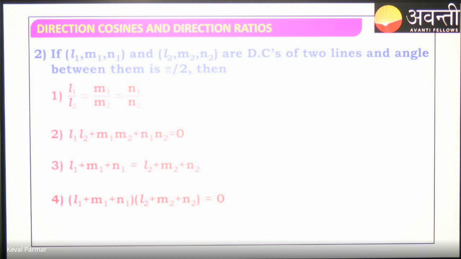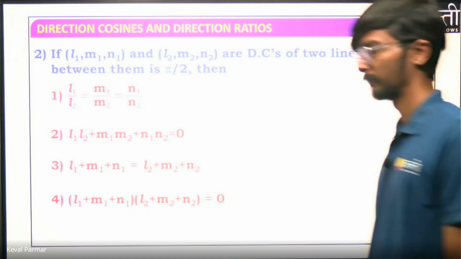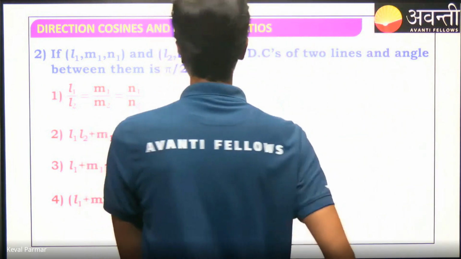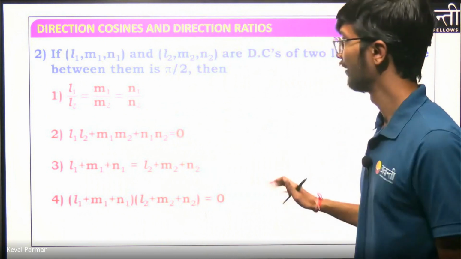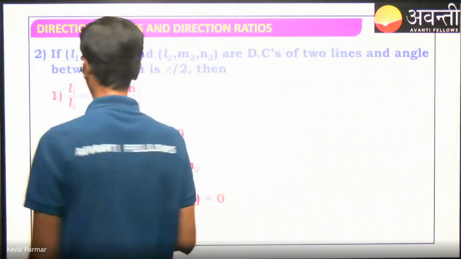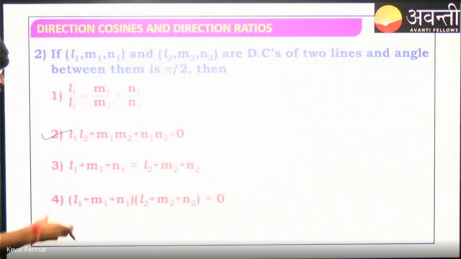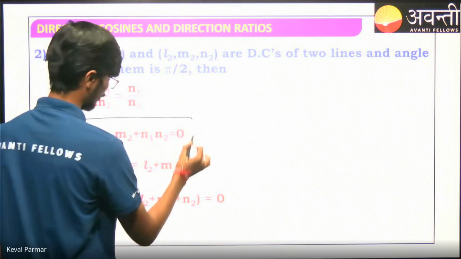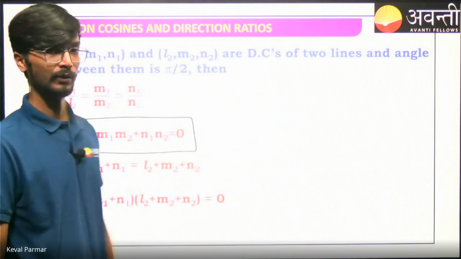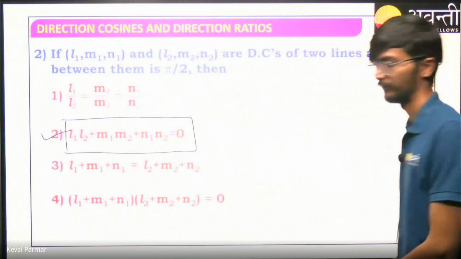If 2 lines are perpendicular, what can I say? I can easily say that L1 L2 plus M1 M2 plus N1 N2 equals 0. Basic 3D question of your NCERT. Yes, correct.